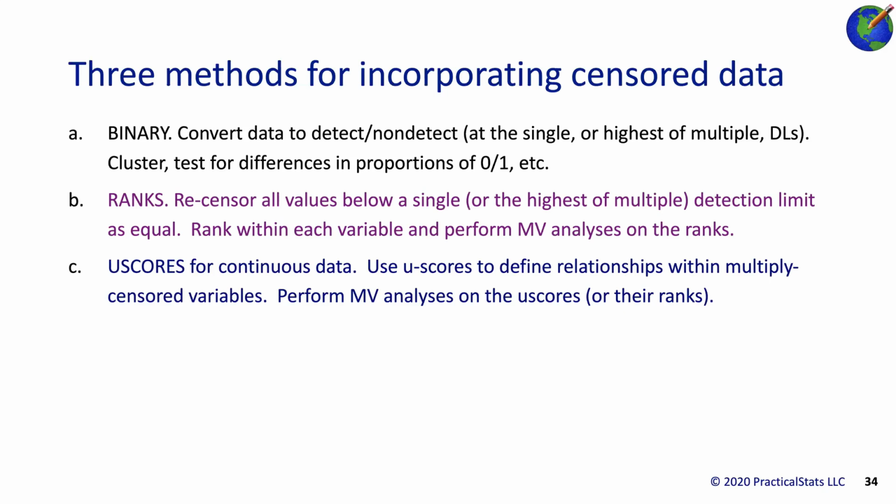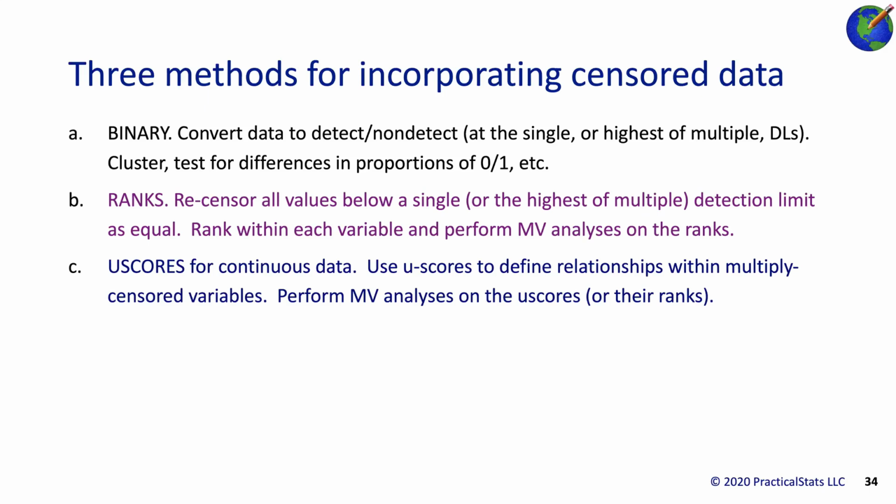There's three approaches, kind of increasing in precision. The first is binary. You could convert your data just to detect and non-detect, so they're really just 0-1 variables. And you can do all of these various procedures, including cluster analysis and plots and trends and everything else. But a little bit more precision is to rank the data.